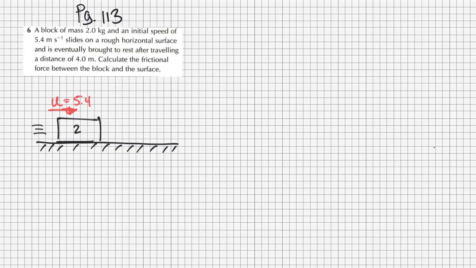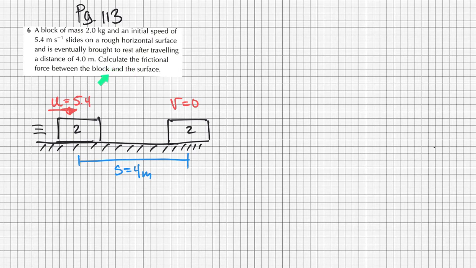So after some distance, our object sits here, and now our final velocity is equal to 0. That occurs over a displacement s equals 4 meters.